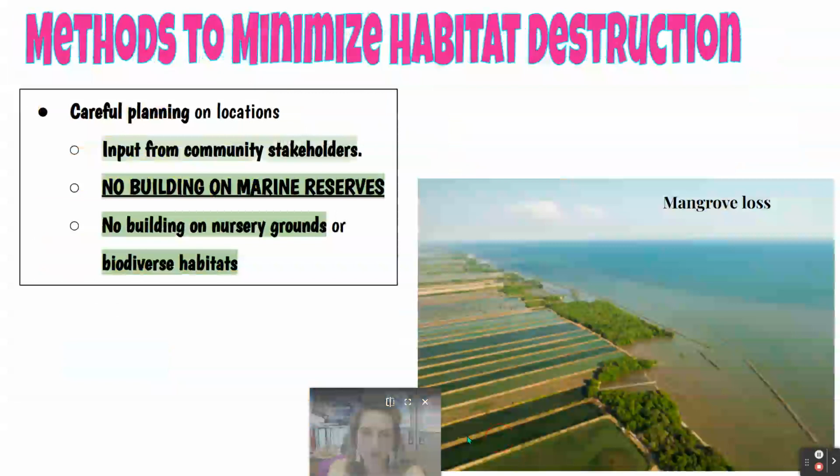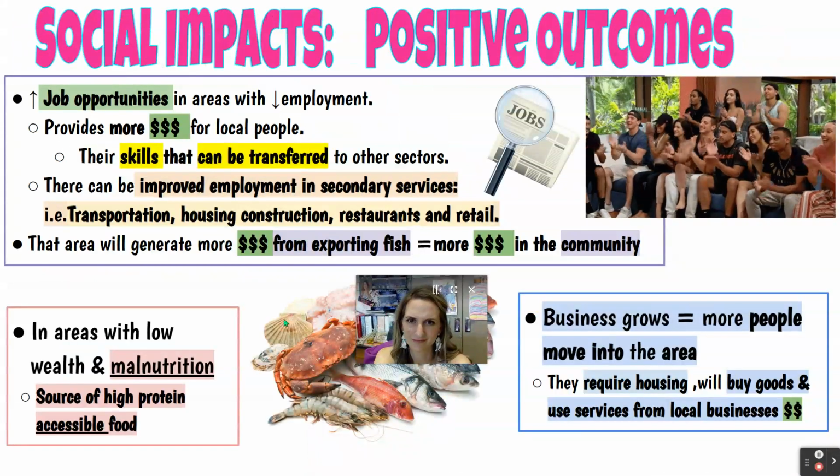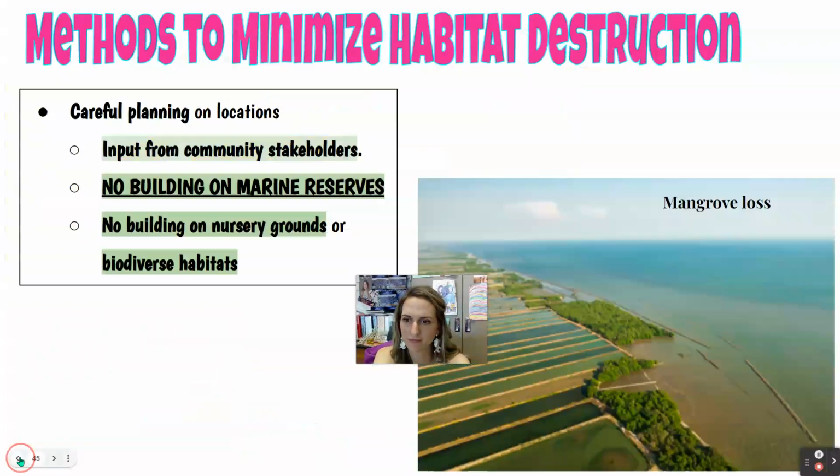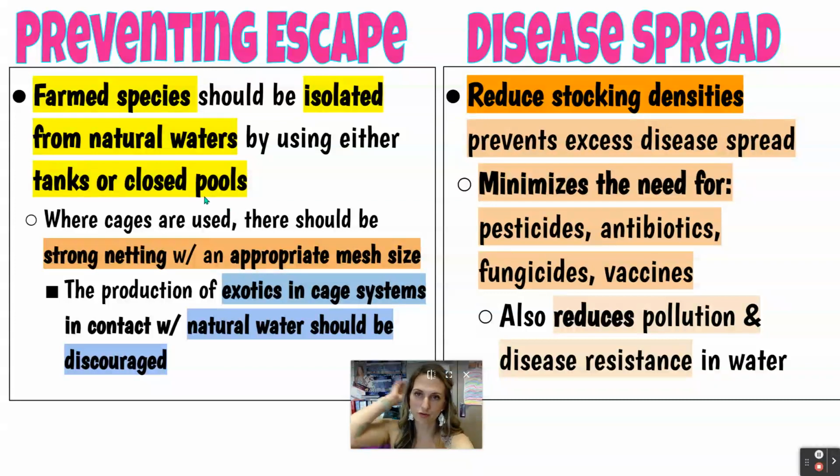Preventing escape. Farm species should be isolated from natural water by using tanks or closed pools, not nets. Cages are used. There should be strong netting with an appropriate mesh size, but they're easier to be damaged.